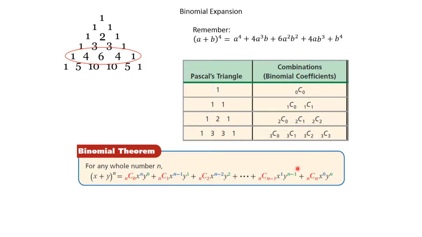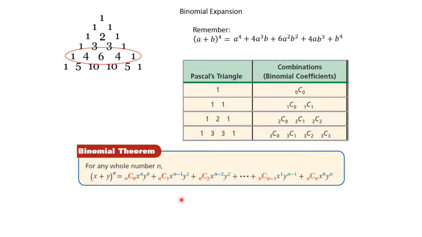So we just keep going down by 1. The y's start out over here: n, n minus 1, and so on, 1, and then nothing. And then the coefficients: n choose 0, n choose 1, n choose 2, n choose 3, n choose 4, n choose 5, all the way to n choose n.